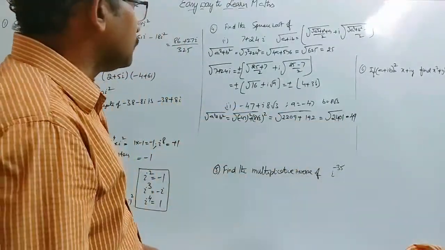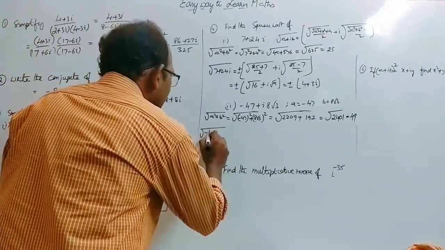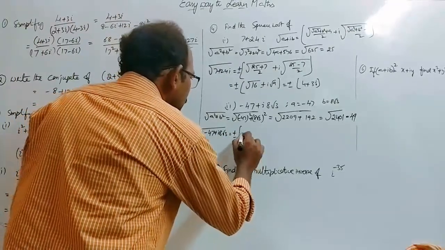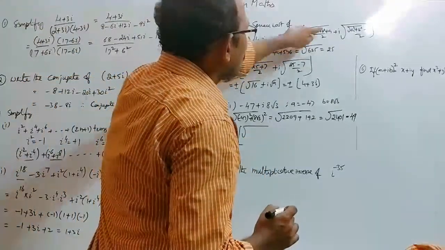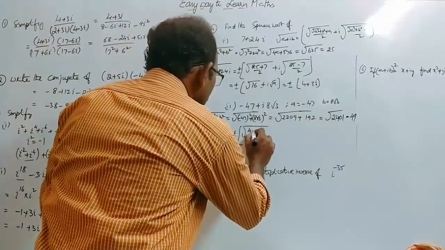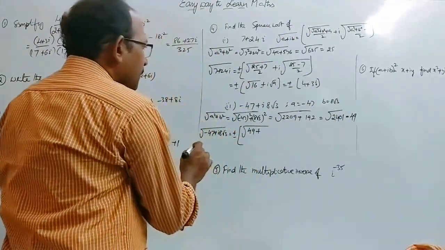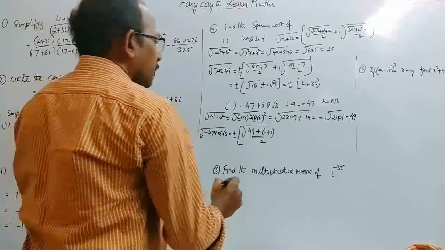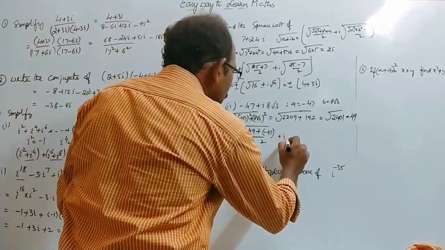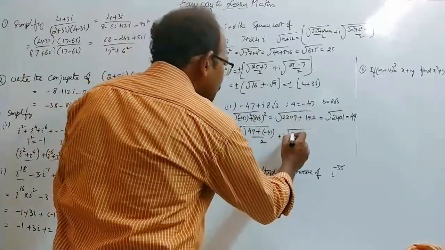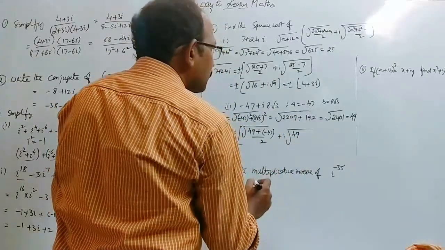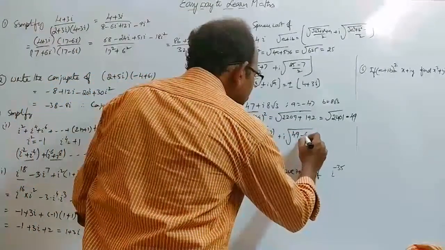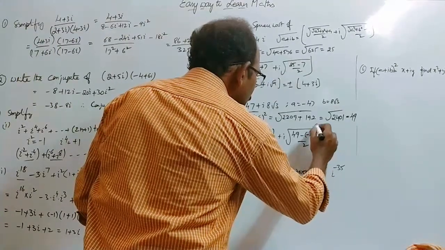Here also we have derived the value of square root of a square plus b square as 49. Now let us substitute. Therefore square root of minus 47 plus i into 8 root 3 is equal to plus or minus root of (49 plus a, here minus 47) by 2, and again plus i into root of (square root of a square plus b square, 49, minus a, that is minus of minus 47) by 2.